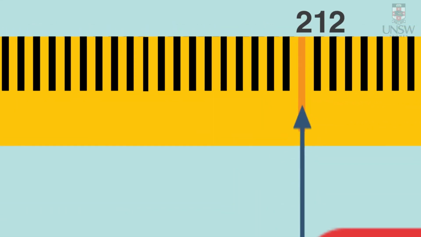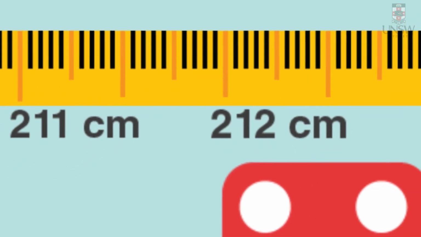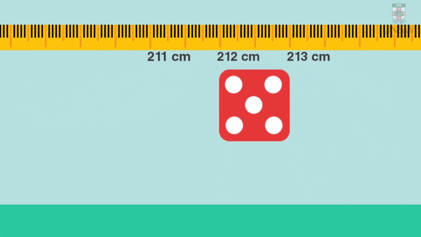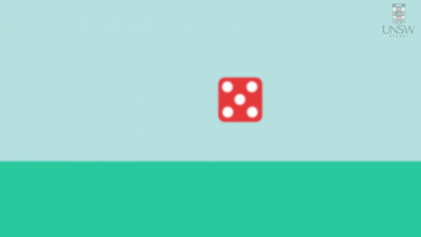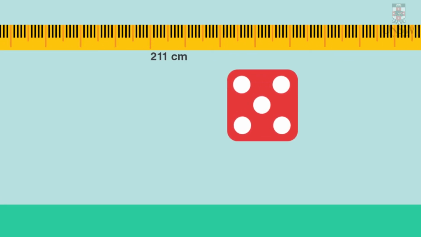Let's zoom in. Now, let us move the die by 1/100th of a centimeter away from Jonathan. Now, let's zoom back out. Do you see any difference? No, there is no apparent difference, because we were considering a distance of either 211, 212, or 213 centimeters.